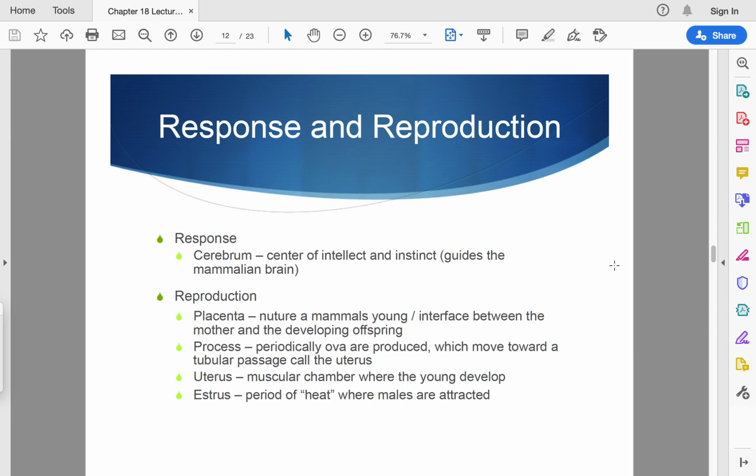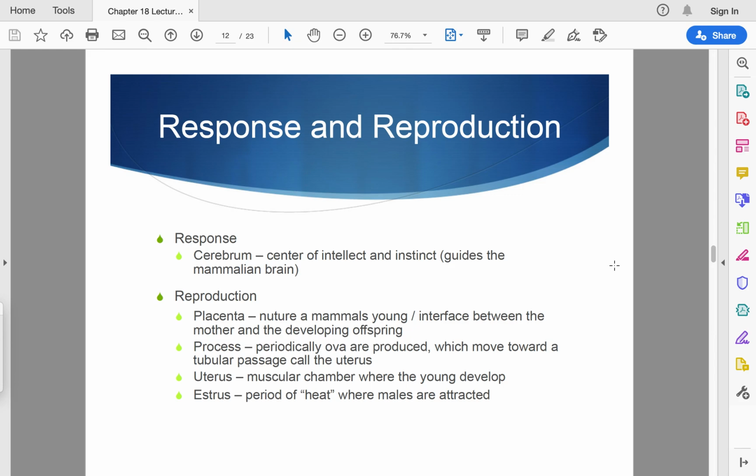Reproduction, the placenta, this is for mammals, nurture a mammal's young, interface between the mother and the developing offspring, all right? So the placenta is this sac of blood, right, that the mom, if you will, nutrients are sent to the placenta, which are then sent to the young inside the female.